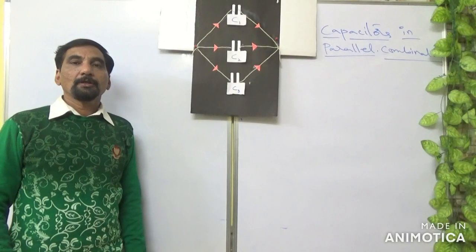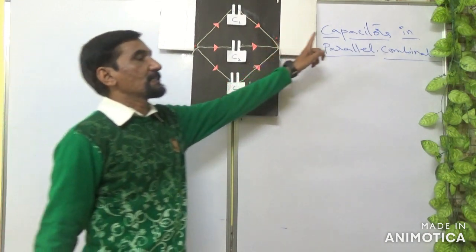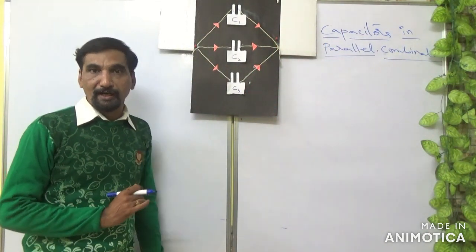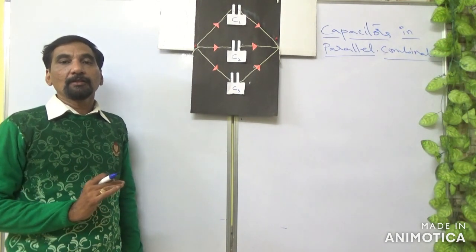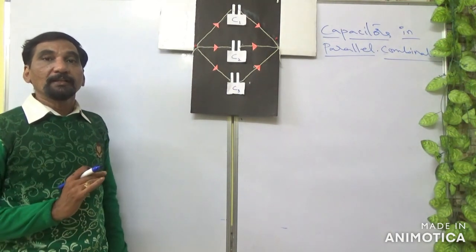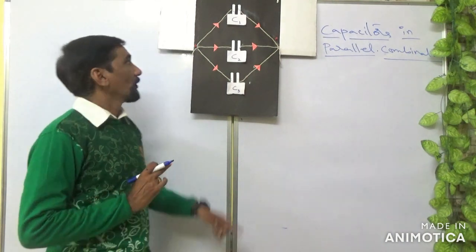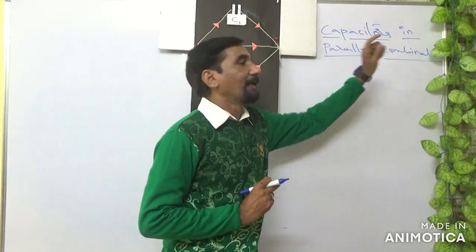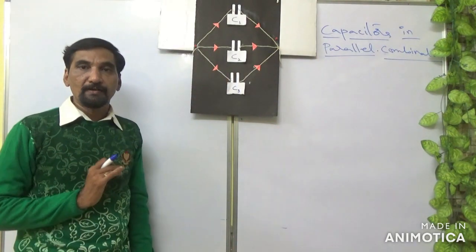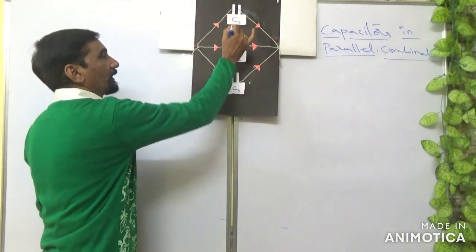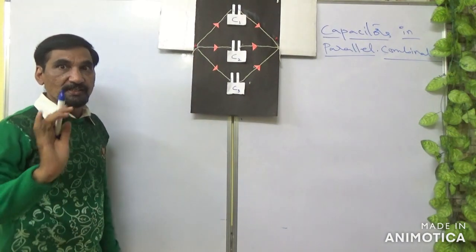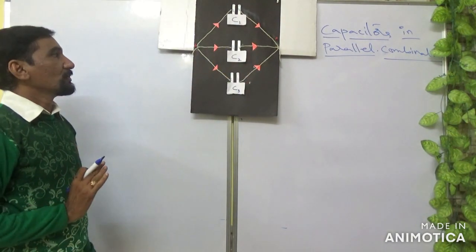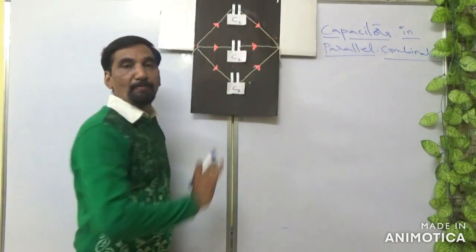Okay? Now, about capacitors in parallel combination. Okay? So, how to find the effective capacitance when the capacitors are joined in parallel combination? That is, suppose you have taken 3 different capacitors, say C1, C2, C3, okay, joined in parallel combination.